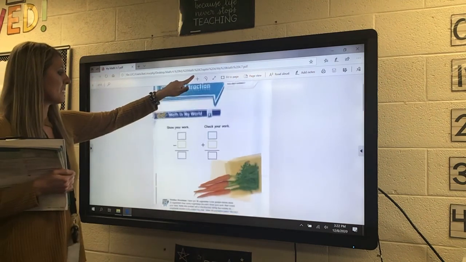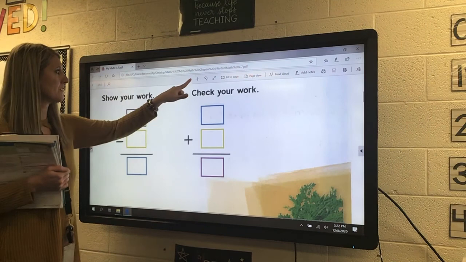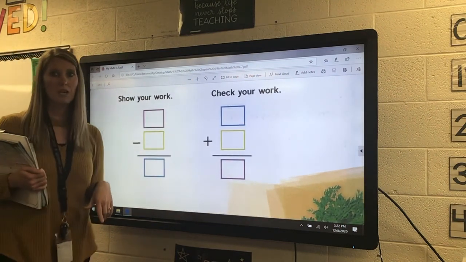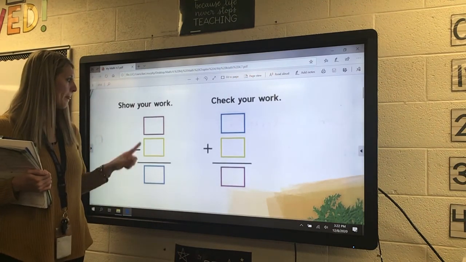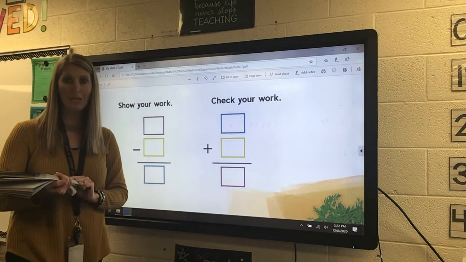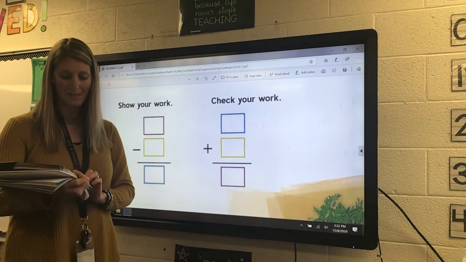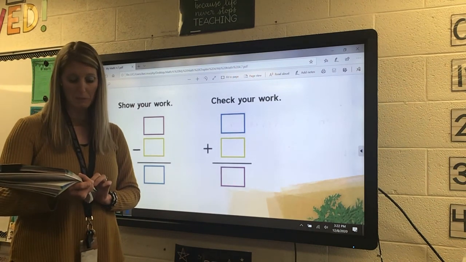And then Mrs. Murphy is going to make my screen really big so you can see and understand how to check our subtraction. Now, down here, we're going to show our work on how to subtract, and here is our story problem. There are 38 vegetables in the garden. Nancy picks 12 vegetables.